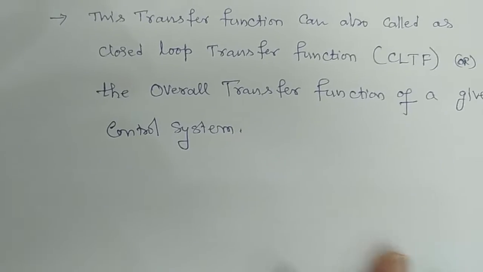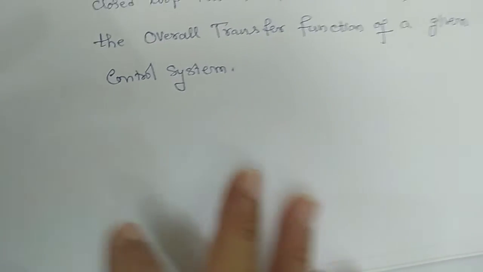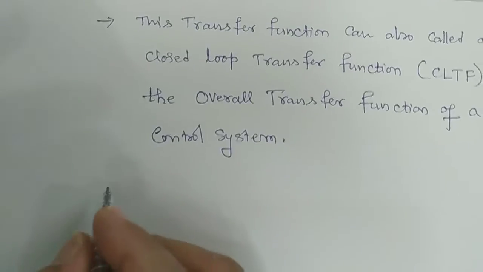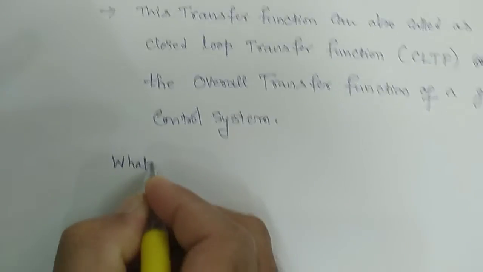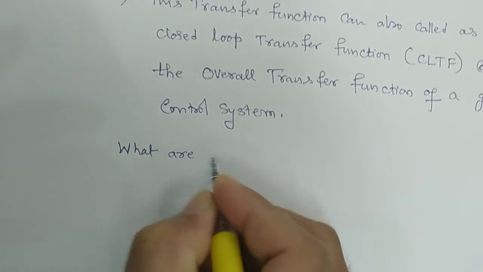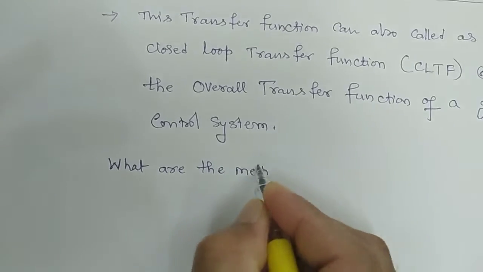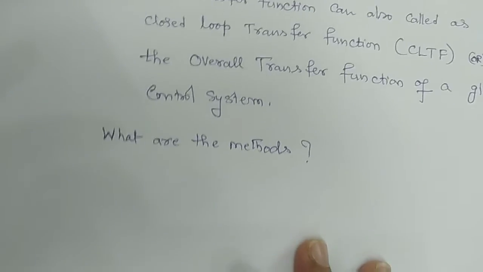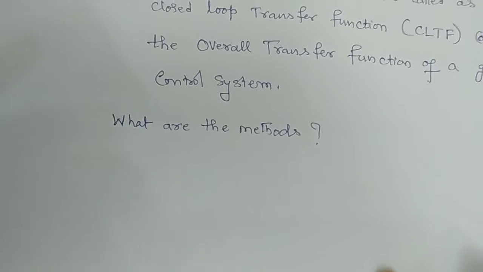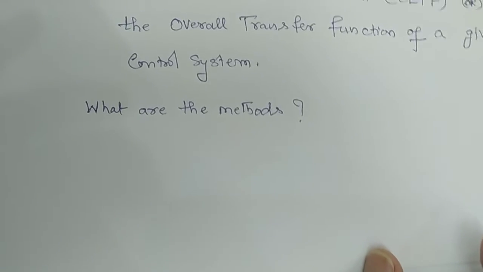Now there are basically two methods to find out the closed loop transfer function. There are two methods. What are the methods we have to find out the closed loop transfer function, or otherwise the overall transfer function?